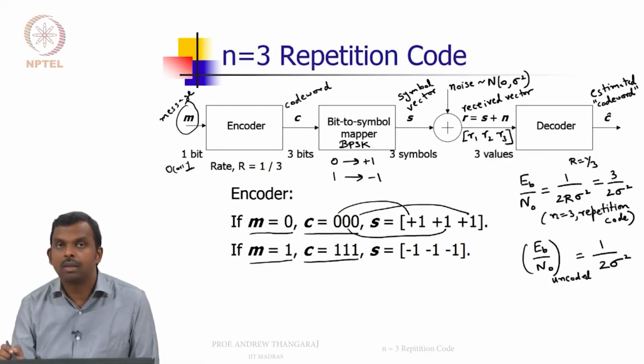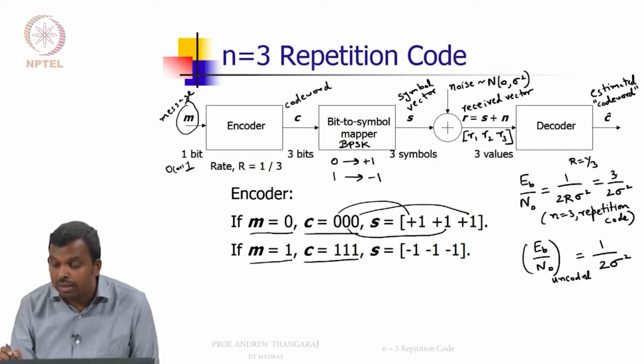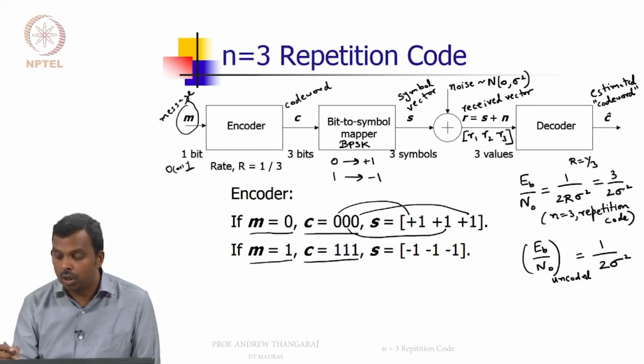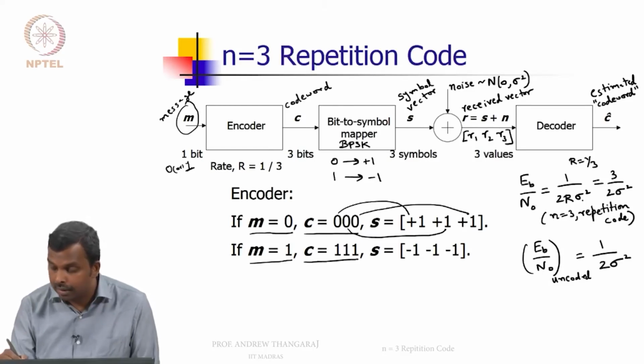This is something important to note. When you do coding, for the same Eb over N naught, the value of sigma changes. If you look carefully, this is 3 over 2 sigma squared, so if Eb over N naught is the same in these two, the sigma in the coded case has to be larger. I will call this sigma coded, and this I will call sigma uncoded.